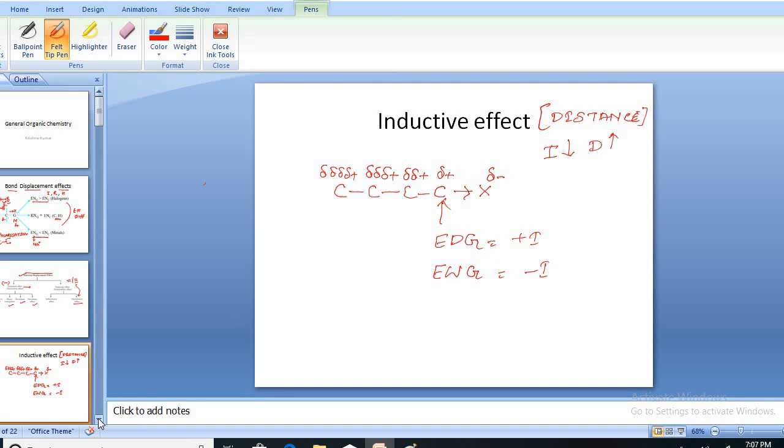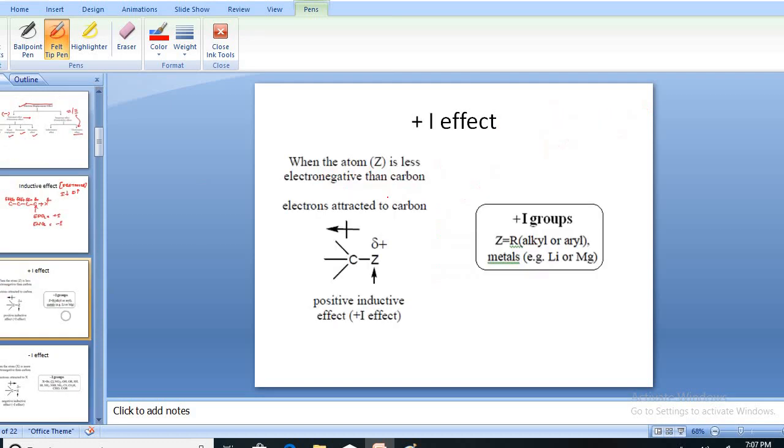So now let's see the next part we are going to discuss. Now you have plus I effect. What would happen to this Z? If you could see here, when Z is less electronegative than carbon, carbon will be pulling the electron, so carbon gets partial negative charge.